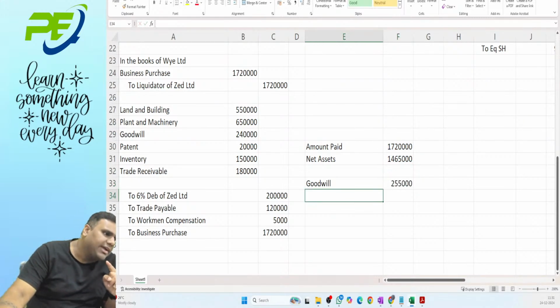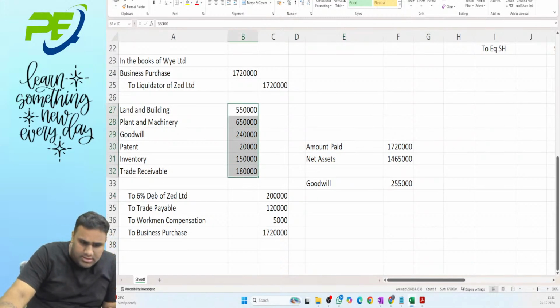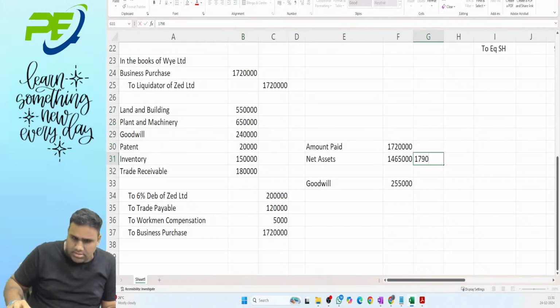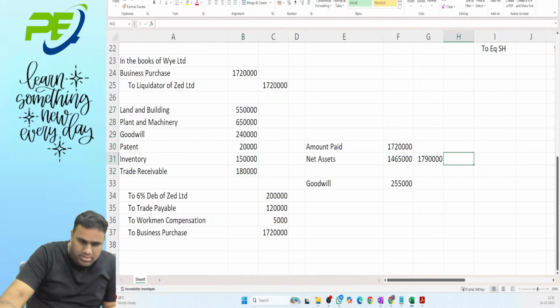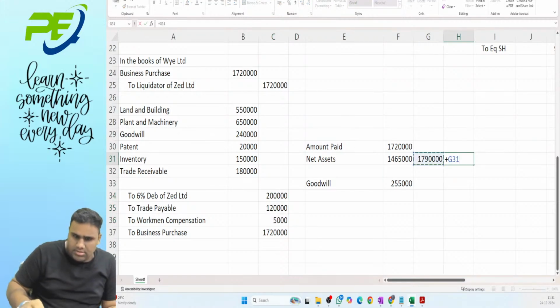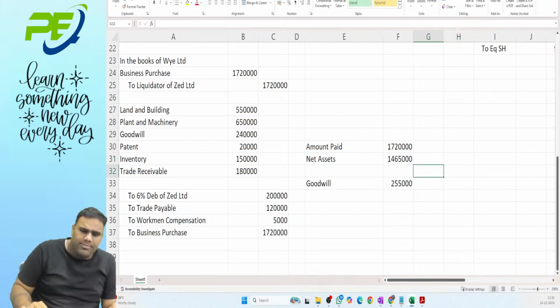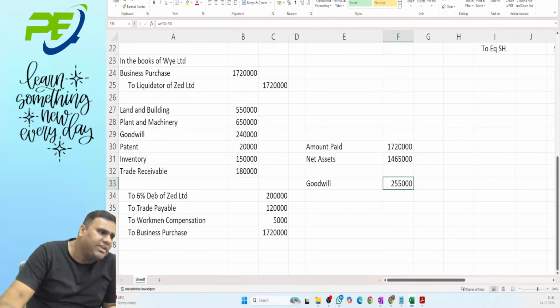2 lakh 55,000 we are paying extra. So how much extra are we paying? 2 lakh 55,000.